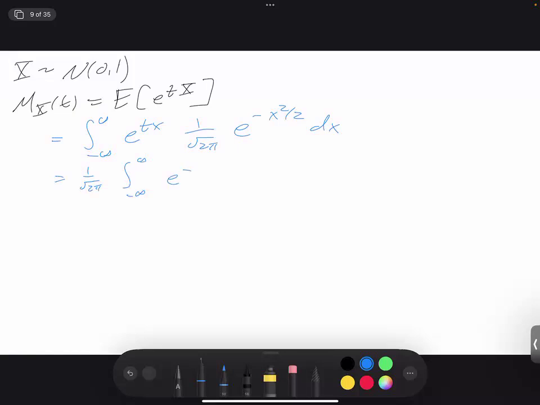I have an e to the negative (x squared minus 2tx) over 2. Hopefully you've noticed something. What have you noticed in how I've written things? Yeah. So close to being a perfect square.